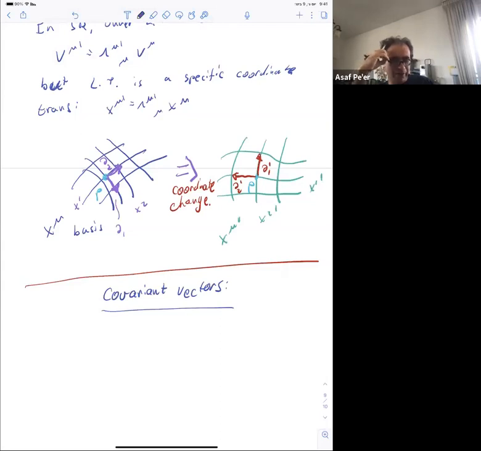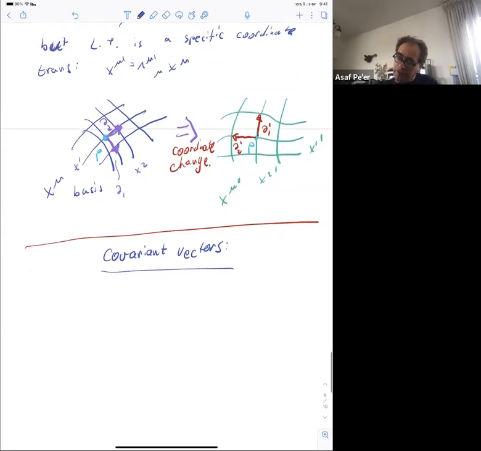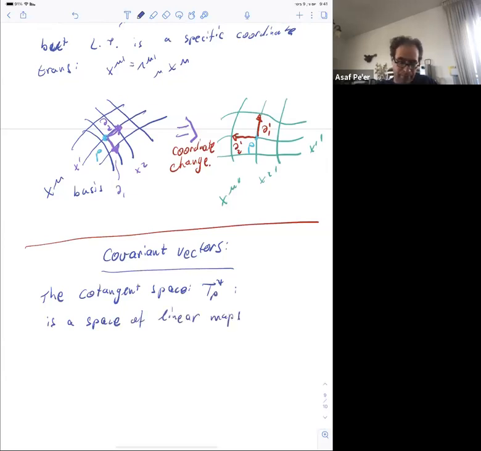We consider dual vectors, which are one-forms, and the cotangent space T_P*, which is a space of linear maps ω from T_P to R. Maybe an intuitive way of thinking of it is row vectors versus column vectors: you think of column vectors as a mapping from a row vector into numbers.